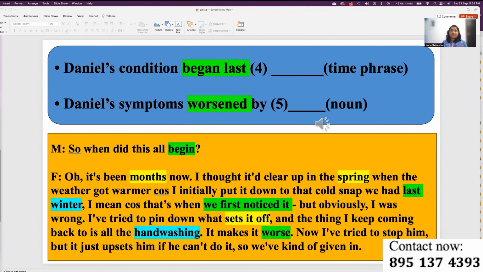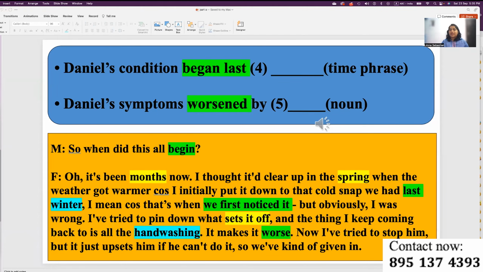Okay, our expectation is there will be a time frame. So she already told it has been months now, but our answer is not months, because it's written here, Daniel's condition began last, when, the particular time we needed.